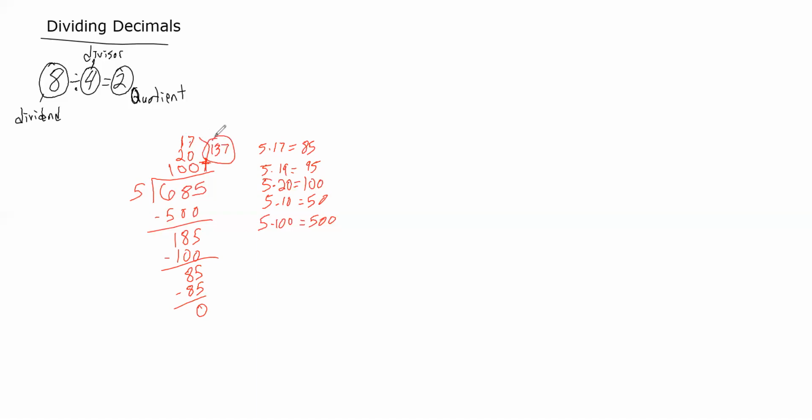That is my quotient. So I want you to notice that when I do 685 and I divide that by 5, I end up with 137. So then the next problem that I want to look at is 6 and 85 hundredths divided by 5.